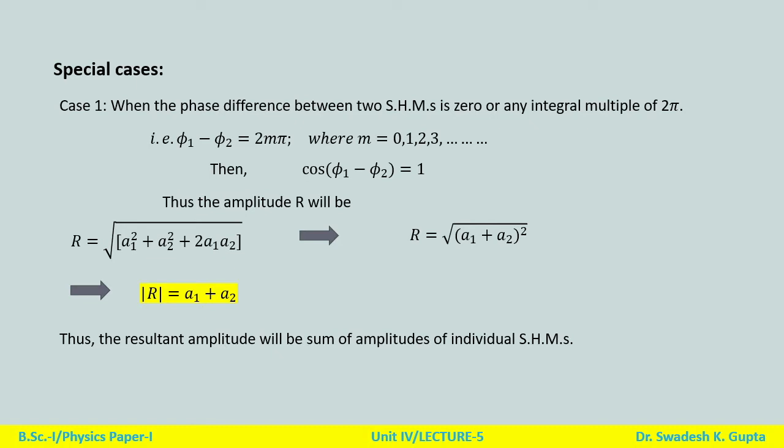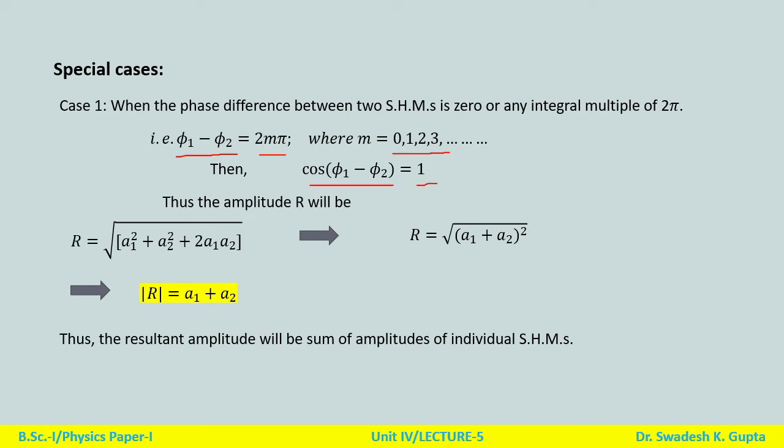The first case is when the phase difference of the two is 0 or an integral multiple of 2 pi. In this case, if we write it as 2m pi, then m will be 0, 1, 2, 3 and so on, and thus the cos value will always be 1.